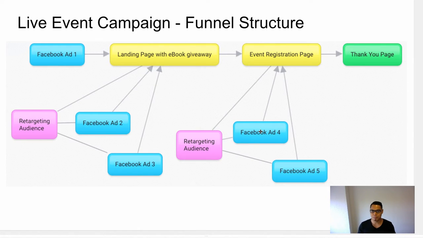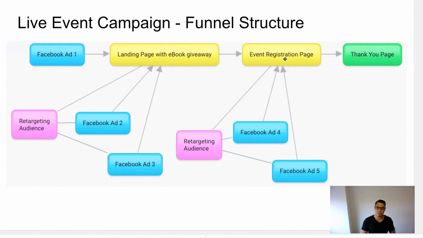So Facebook ad number 4 is an ad showing that there is an upcoming live event, depending on where you are located, whether you are in Sydney, Melbourne, Brisbane, or Perth. We put that on the ad, and if they click on the ad, they will then be taken to the event registration page.